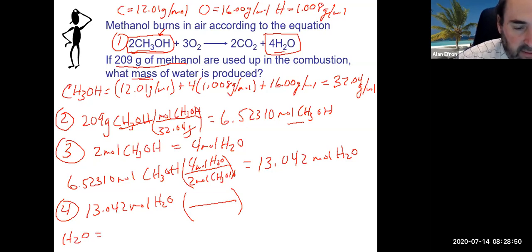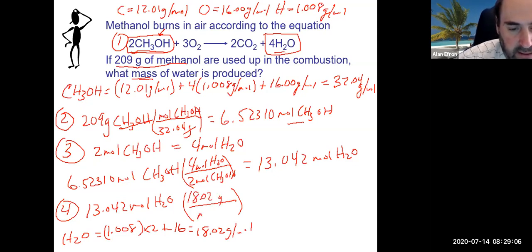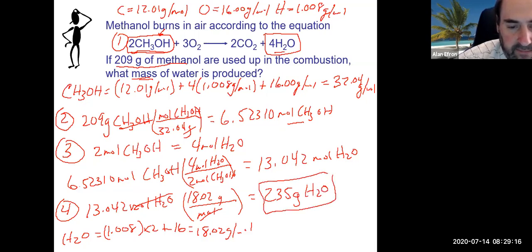And that means that we have 1.008 times 2 plus 16 gives us something like 18.02 grams per mole. 18.02 is going to go on top here so that the moles will cancel. And if you do all that, 235 grams of water would be produced.